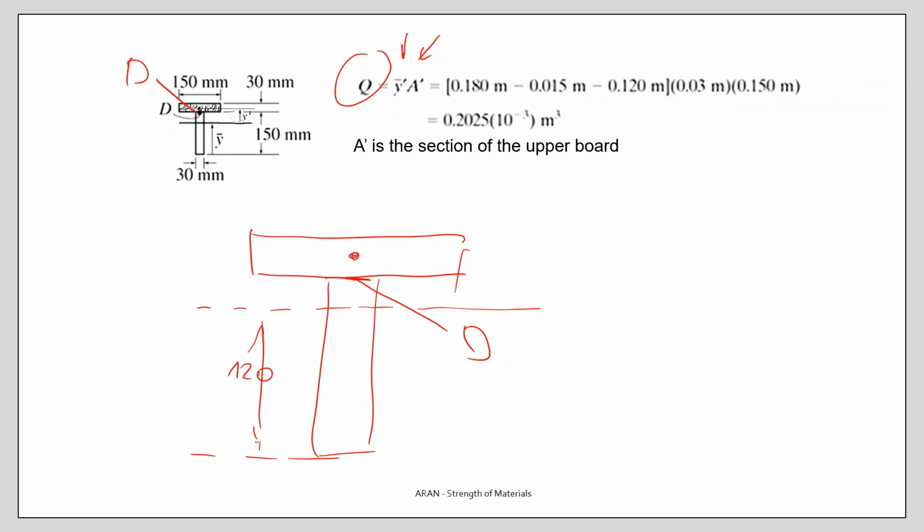So what I need to know is the distance of the centroid of this area from the neutral axis.